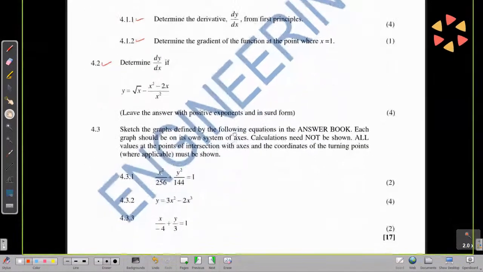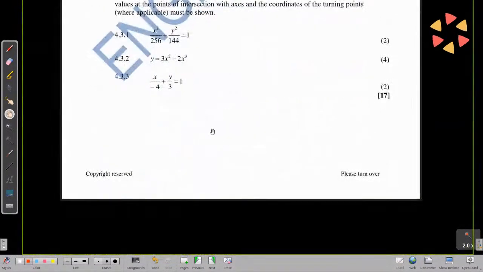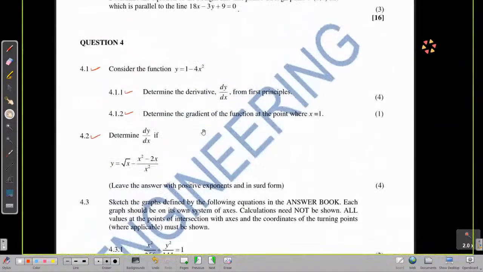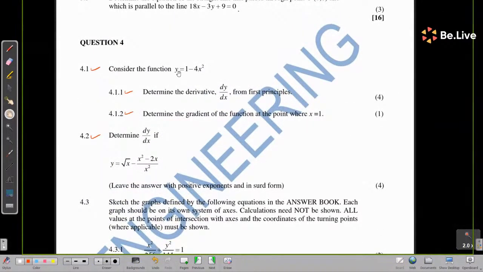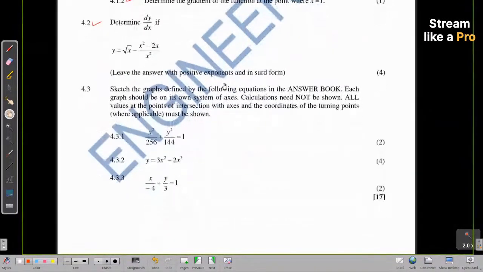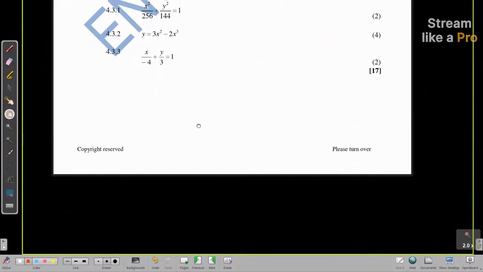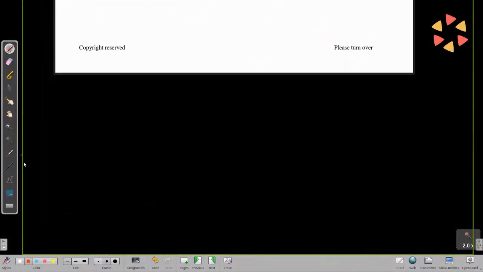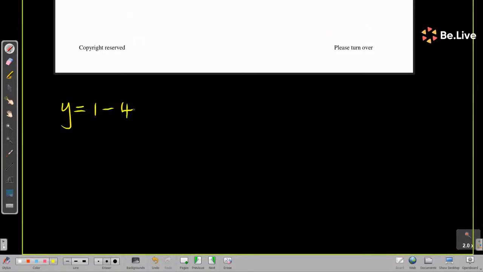So we are differentiating from first principles, and what I'm given here is y is equal to 1 minus 4x squared. So if I can write it here, I'm differentiating y is equal to 1 minus 4x squared.